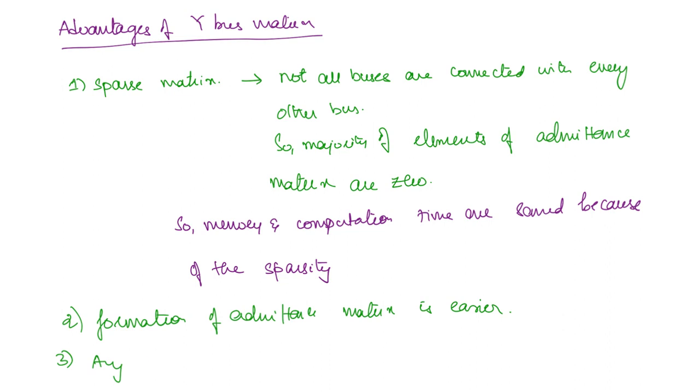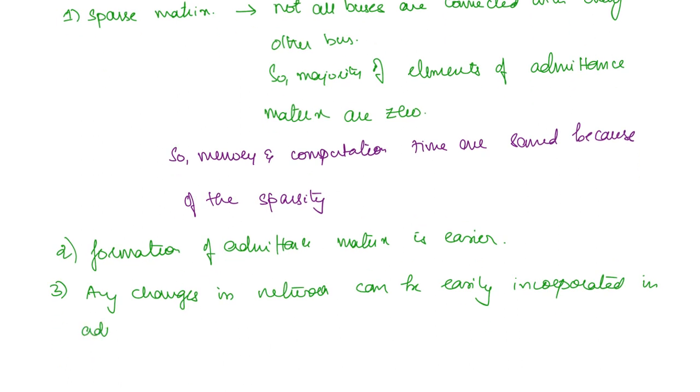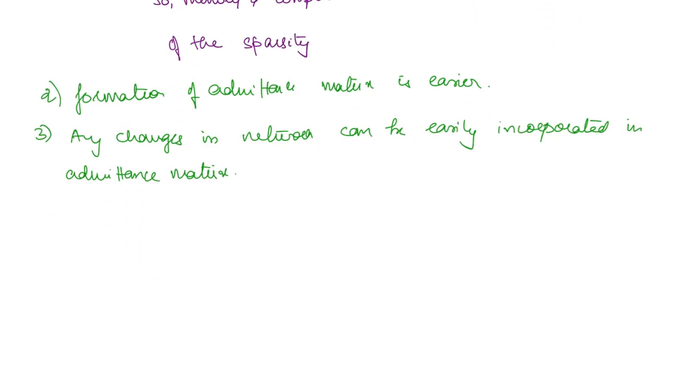Any changes in the network can be easily incorporated in the admittance matrix. So these are some of the advantages why Y-bus is used in load flow studies. Y-bus is used for load flow, as we have discussed. Now the Z-bus matrix, that is the impedance matrix, is going to be used for fault analysis. When we do fault analysis, it will become clear to you.